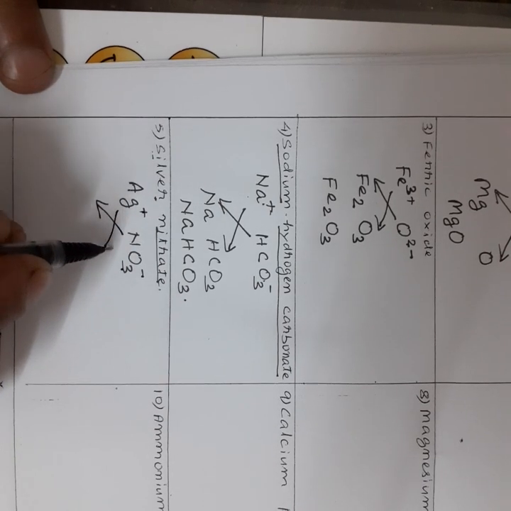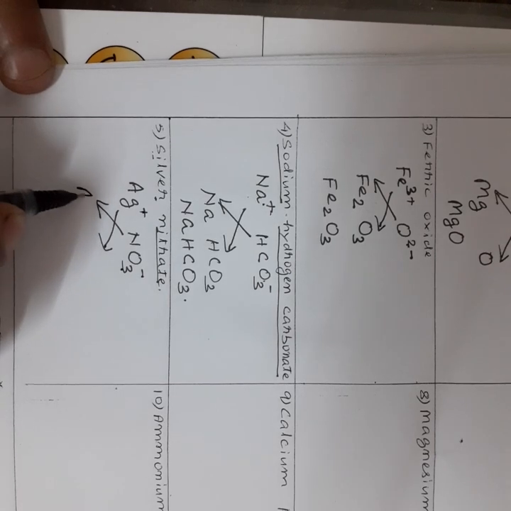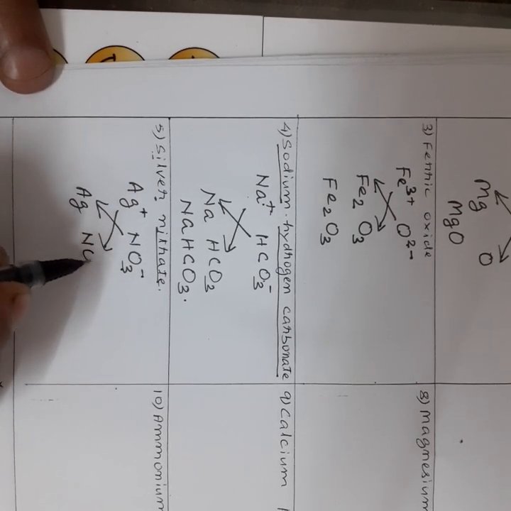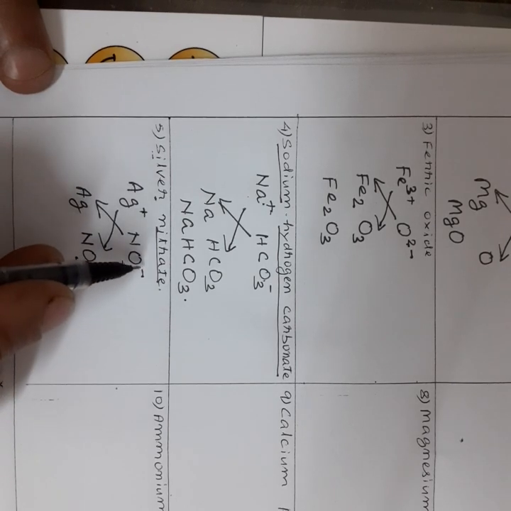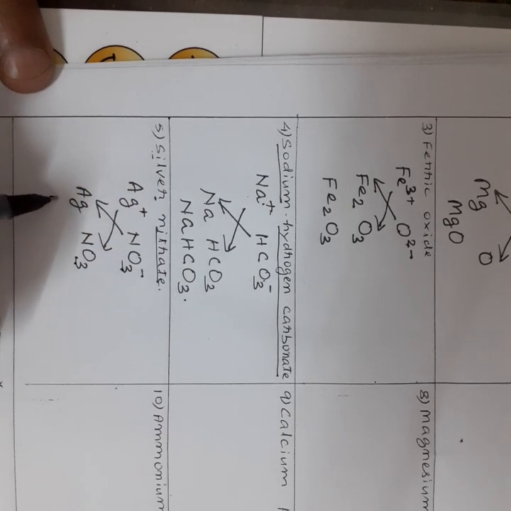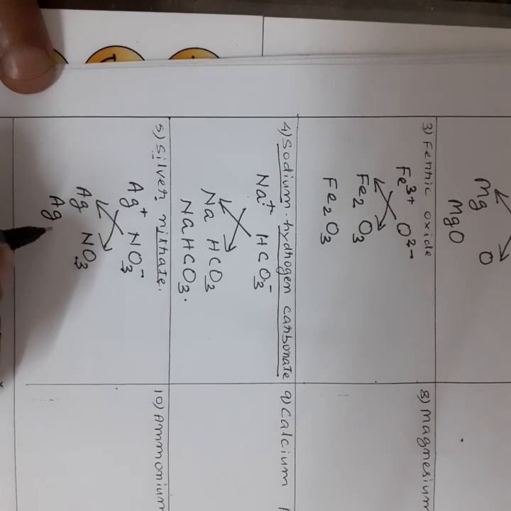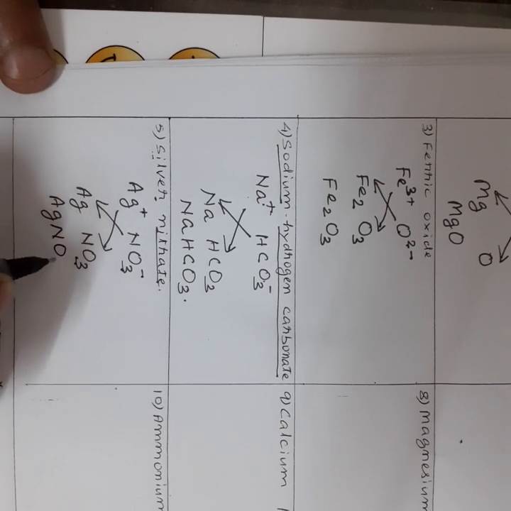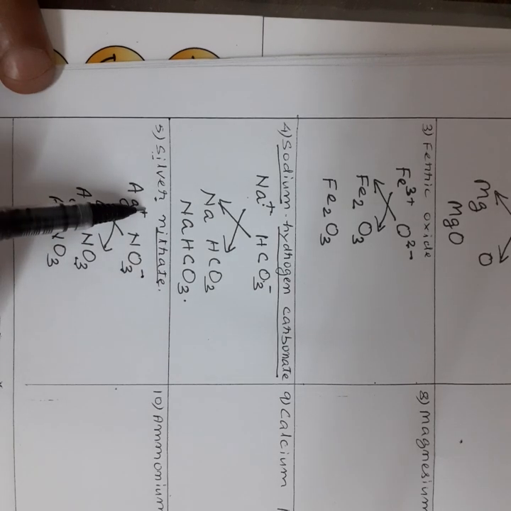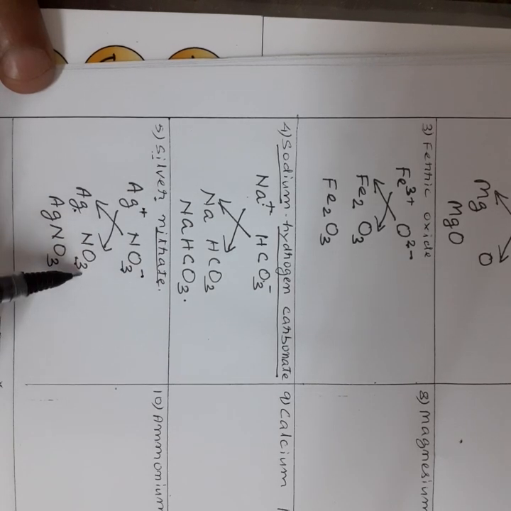So we crisscross the valency, which means we write the Ag without the 1 plus, and we write the NO3 without writing the 1 minus. Remember 3 is not at the top, so we have to write it. Since both valencies are 1, we need not shift that number. The formula is AgNO3, which means 1 here will go to the lower backside of Ag, and 1 here at the top of Ag will go to the lower backside of NO, which we didn't write because both valencies are 1.